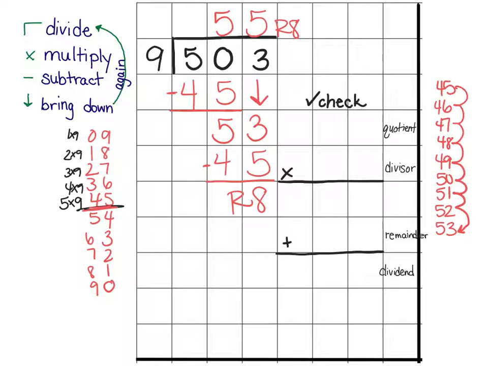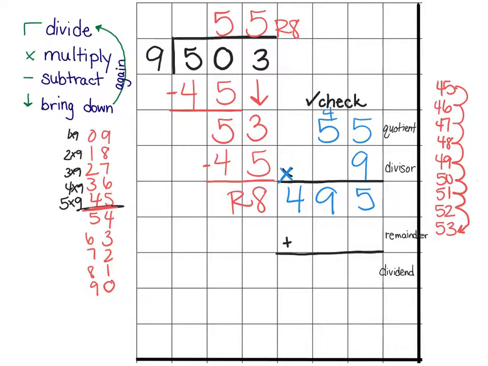Let's check our work. Quotient, 55, times our divisor, which is 9. 5 times 9 is 1, 2, 3, 4, 5, 45. 5 times 9 is 45 plus 4: 46, 47, 48, 49.